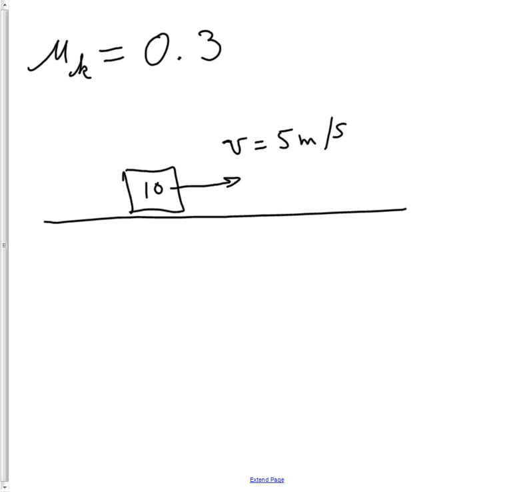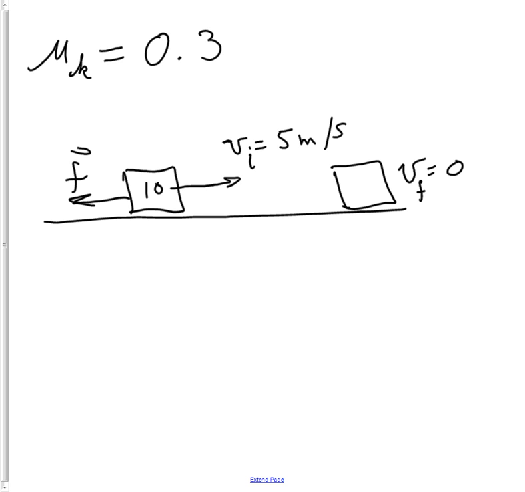And so what's going to happen is, as this guy goes along, because of the frictional force F back this way, there will be an acceleration which is negative, and eventually he'll come to rest. Okay, so here in this case, V final is equal to 0. V initial is equal to 5 meters per second.